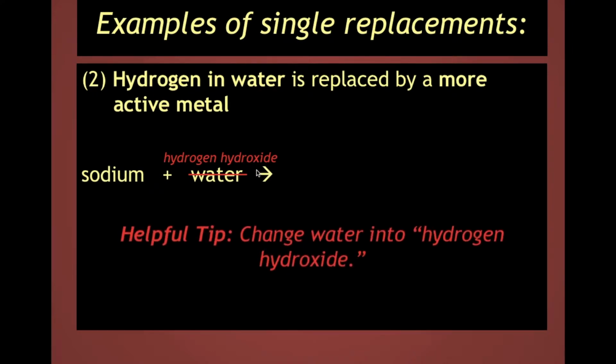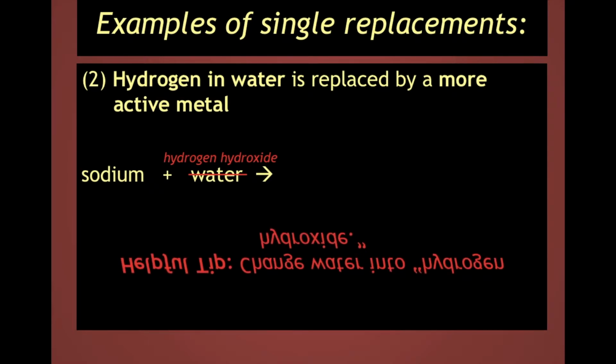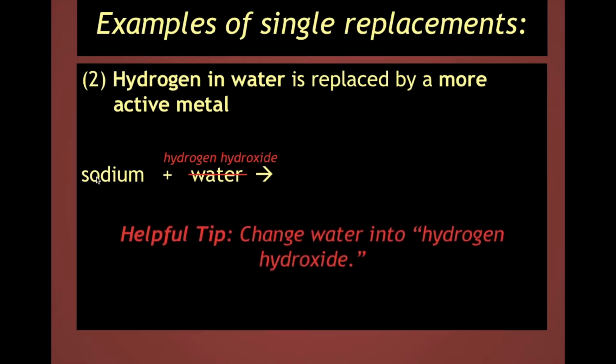So basically, we're going to compare sodium to hydrogen, and the tip here, I'm sorry, I got distracted. I would change water to hydrogen hydroxide here instead of just H2O, since the hydrogen is going to be one of the ones that are replaced.